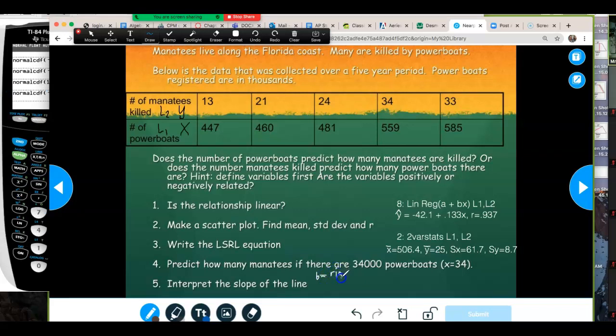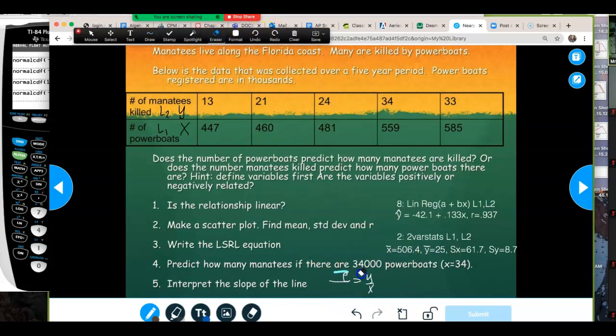So think rise over run, or the y's over the x's. The difference in the y's divided by the difference in the x's. So remember, we could do 481 minus 460, 24 minus 21, and divide those two numbers and come up with the slope of the line between the 2 points. But the b is the predicted, the average prediction. Okay? So we always want to have that word predicted value.